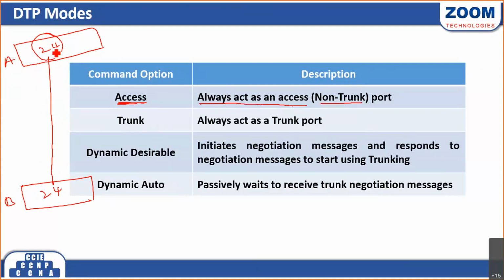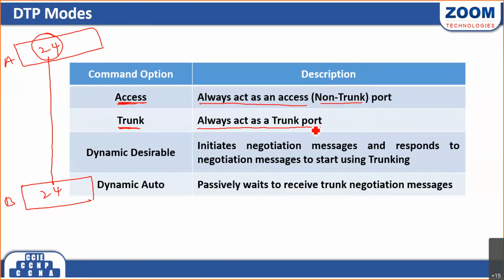So port number 24 always allows only VLAN 1 traffic, no other VLANs, when it is access. Next point, if port number 24 is a trunk, you have configured the trunk manually, then it always acts as a trunk, meaning it always allows multiple VLAN traffic.